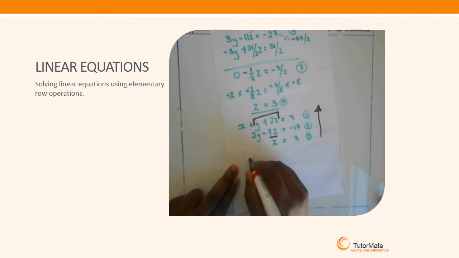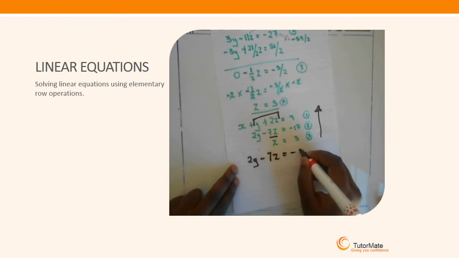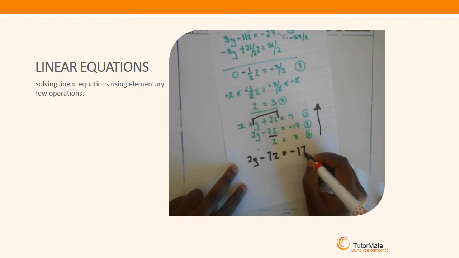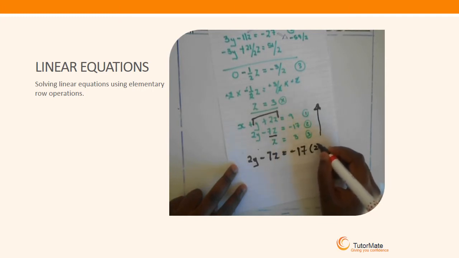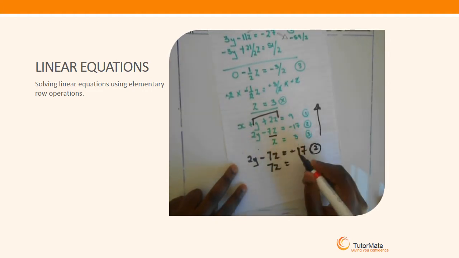So you are going to say 2y minus 7z is equal to minus 17, which is our second equation. We're going to add it to 7 times z is equal to 7z is equal to 7 times 3, 21.